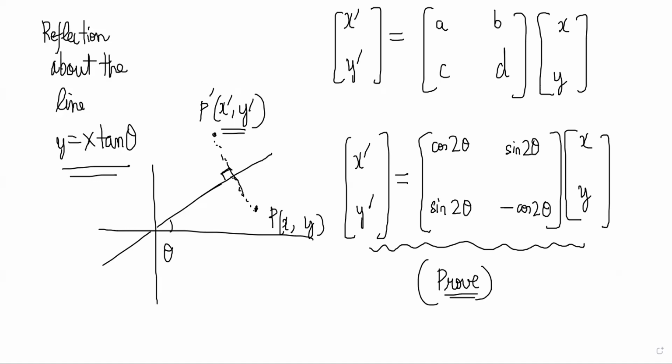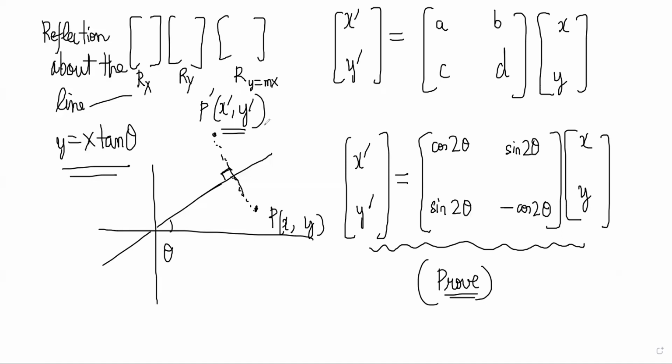If you are doing two, three operations simultaneously, you can say, I reflected about this, then I reflected about the y-axis, then I reflected about the x-axis. All of it is just a multiplication of all of the reflection matrices. Suppose there are three: this is Rx, this is Ry, this is reflection about y is equal to mx, and this was your initial point x, y.